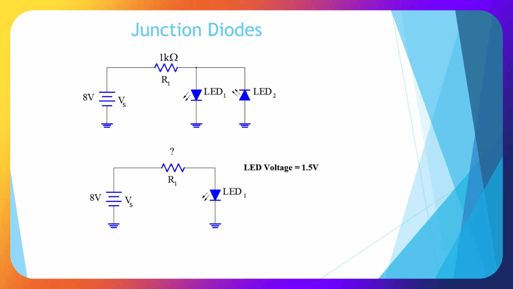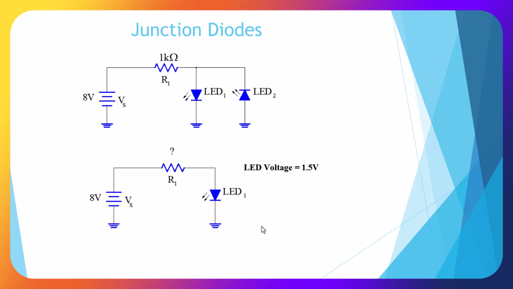An LED is essentially a junction diode. It's doped differently, and it also conducts when it's pointed towards ground. So when we have a voltage through our LED, this guy is going to light because he's forward biased. This one will not light because he's reverse biased.